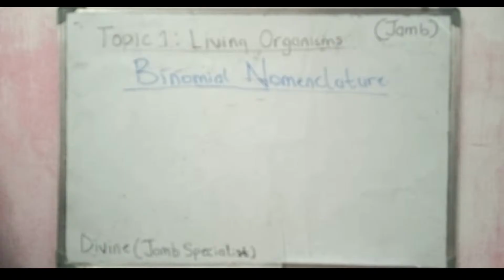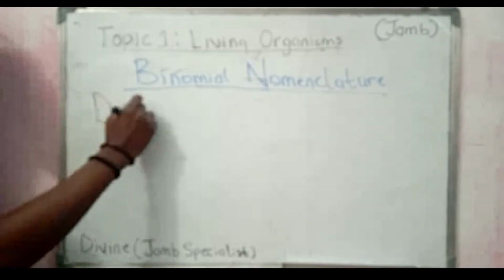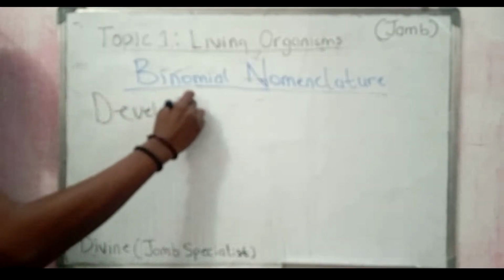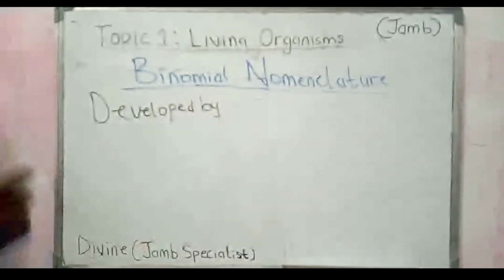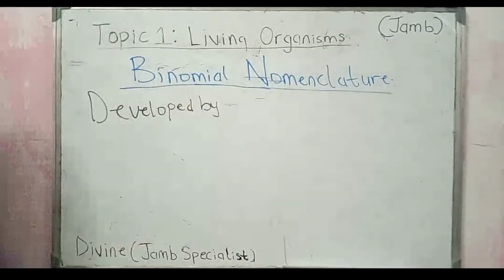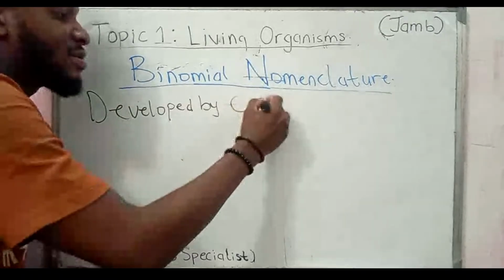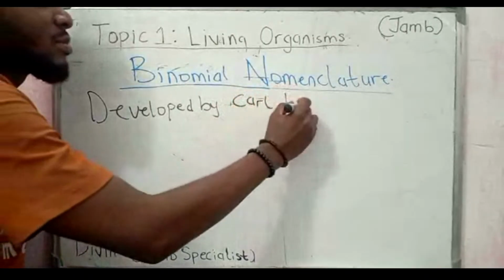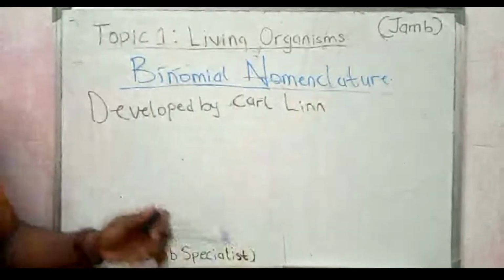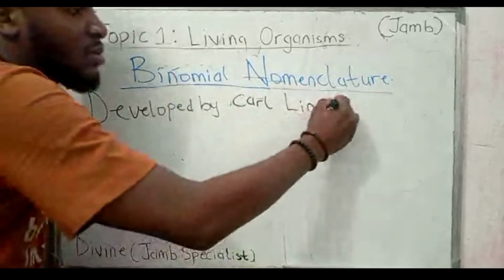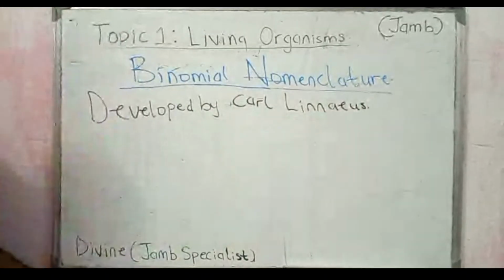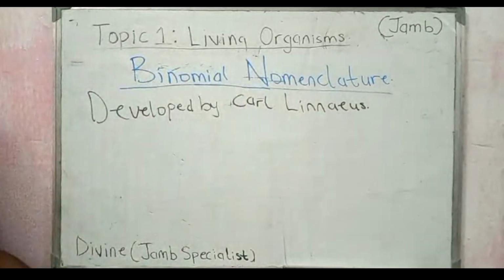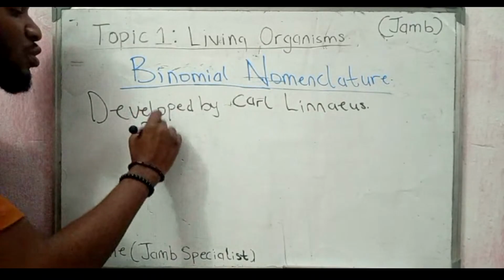So binomial nomenclature was developed by who? Carl Linnaeus. He developed the binomial nomenclature and he gave us some rules to use.